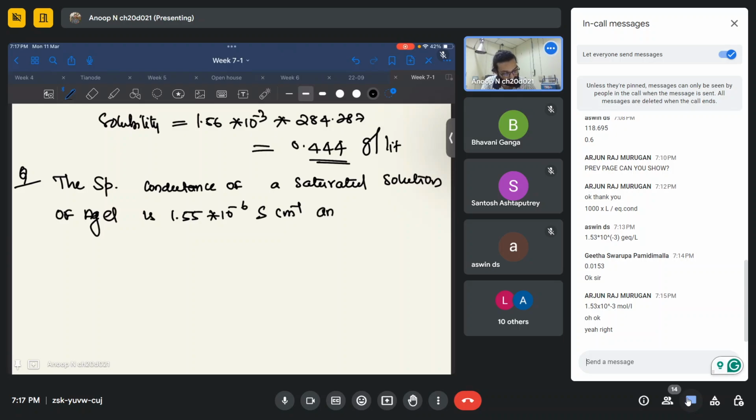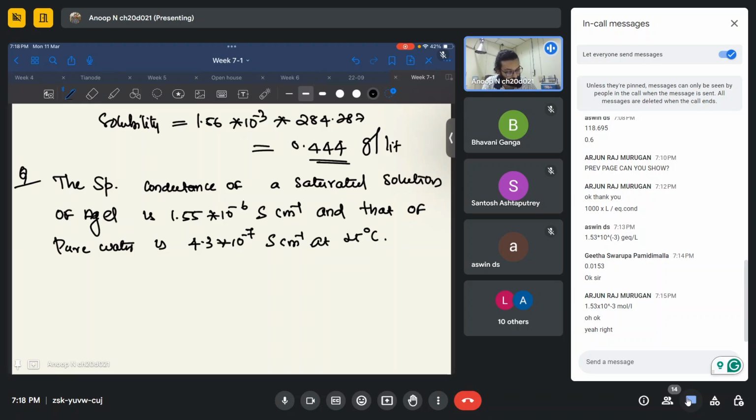And that of pure water is 4.3 into 10 raised to minus 7 Siemens centimeter raised to minus 1 at 25 degrees Celsius.